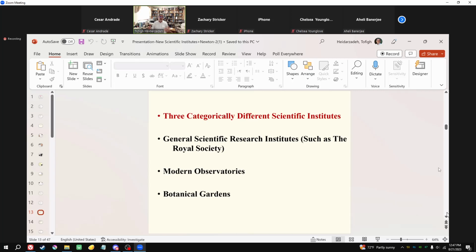There they covered the majority of the scientific fields that we have. Then we had another institute covering astronomy, because with the invention of the telescope, they had to use the telescope in the best way in their observations, and the classical observatories were based on the naked eye.